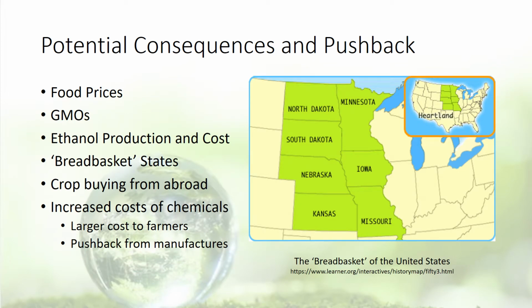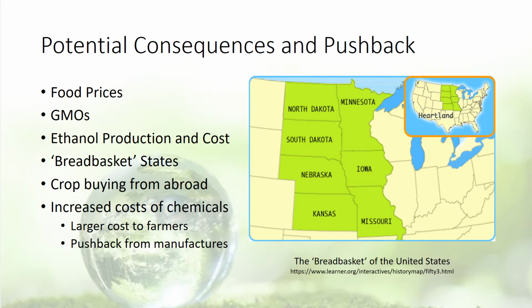This act is not without potential consequences. It seeks equality and balance of agriculture and benefits to the population. Decreased crop yield may arise from limitations in spraying, leading to increased food prices and the use of GMOs. Corn ethanol production and cost may increase as well.